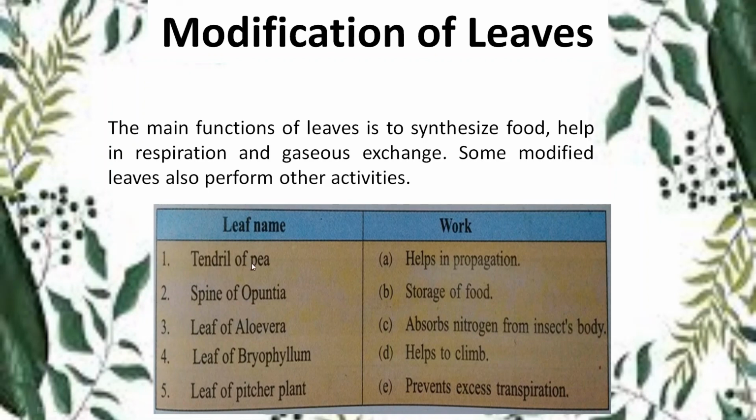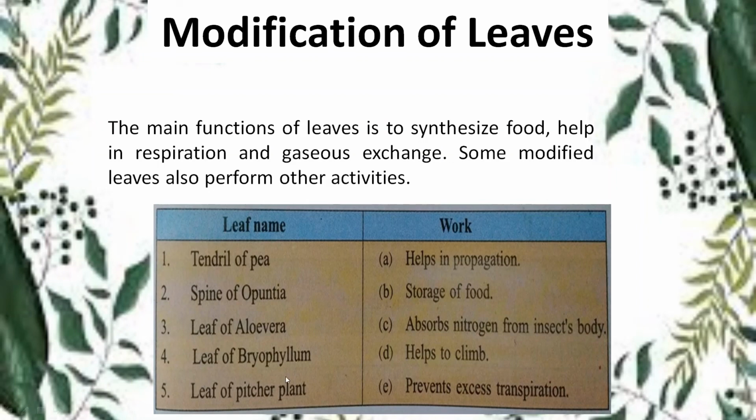See, tendril of pea helps in propagation. Spine of Opuntia, storage of food. It also prevents loss of transpiration rate. Leaf of aloe vera absorbs nitrogen from insect's body.